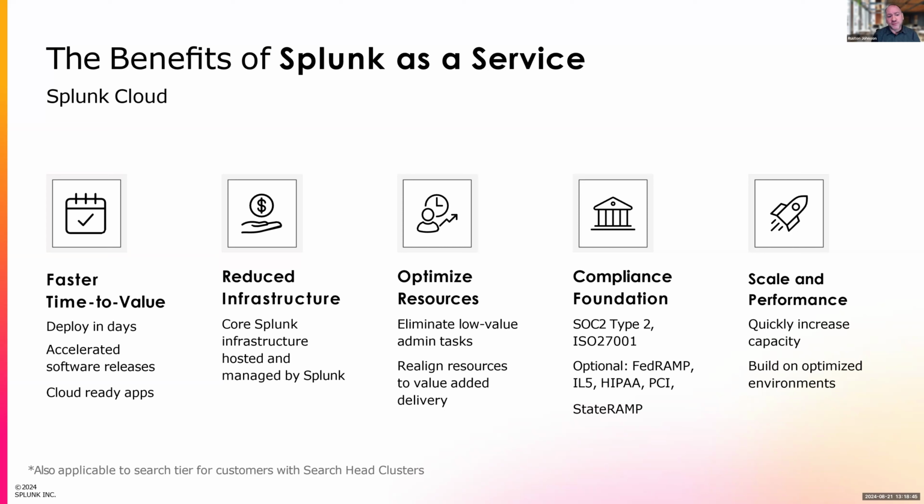And then of course for us, for our cloud platform, having that foundation for compliance, things like SOC 2 Type 2 attestation and ISO 27001 certifications, FedRAMP moderate, IL5, and FedRAMP high now is in preview with a few of our customers. We're expecting that to be fully certified here sometime this month.